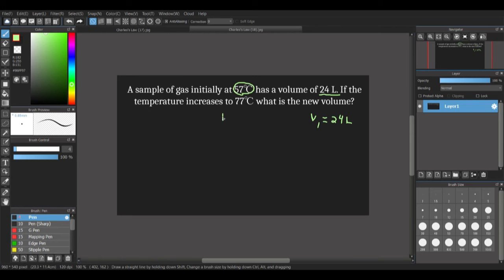So we're going to have to use Kelvin equals Celsius plus 273 to get a usable temperature. So we're going to plug in 57 and add it to 273 to get that T1 equals 330 Kelvin. We don't know what V2 is because that's what we're solving for.